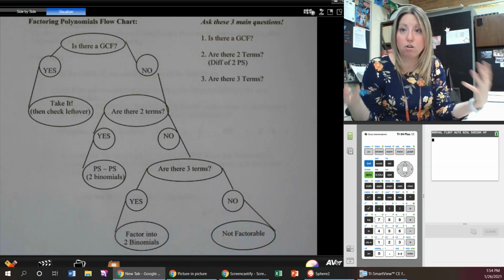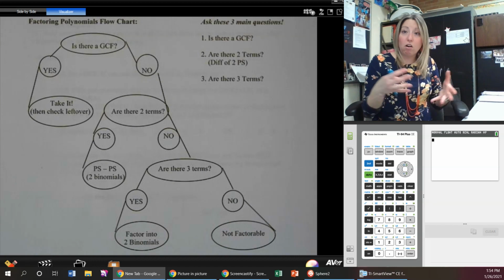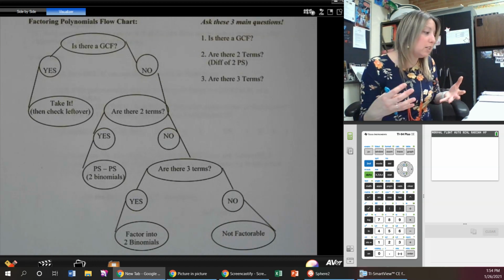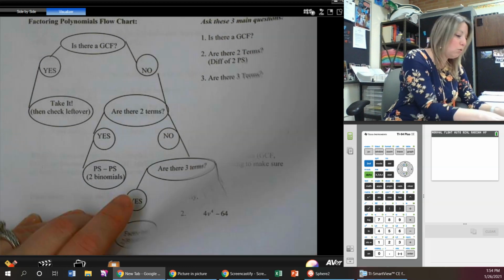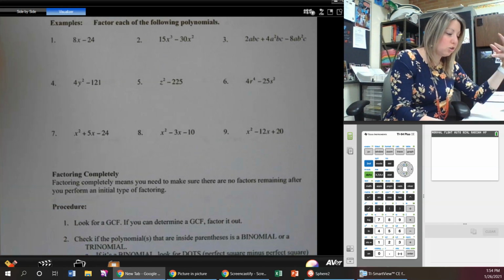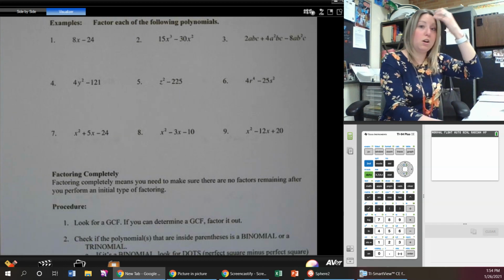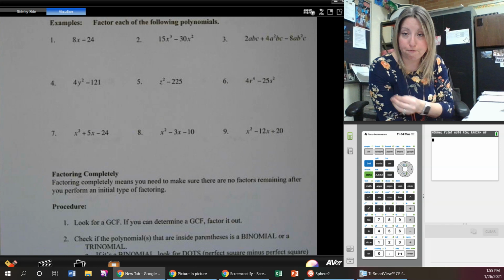That's how we handle factoring at this point. And that all comes into play right now, because when you factor completely, you are going to run into all of these potential opportunities of factoring.